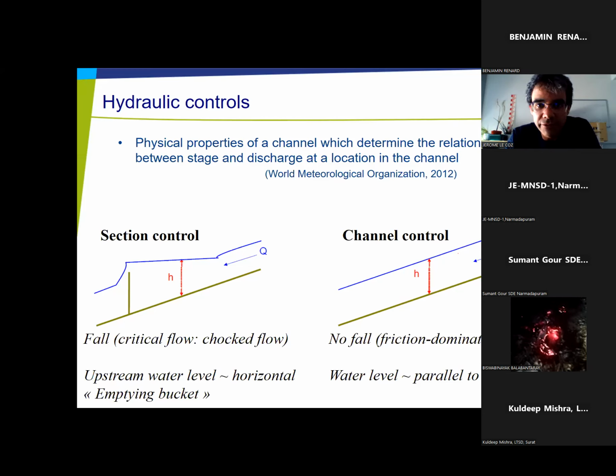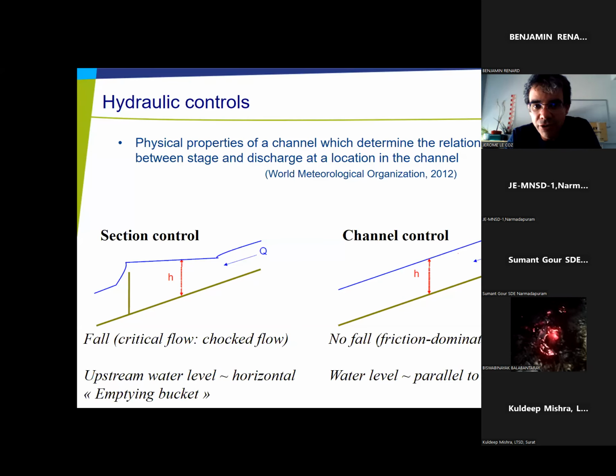On the opposite, we have the channel controls on the right. So now you can see that there is no waterfall, and the water line is nearly parallel to the line of the riverbed.